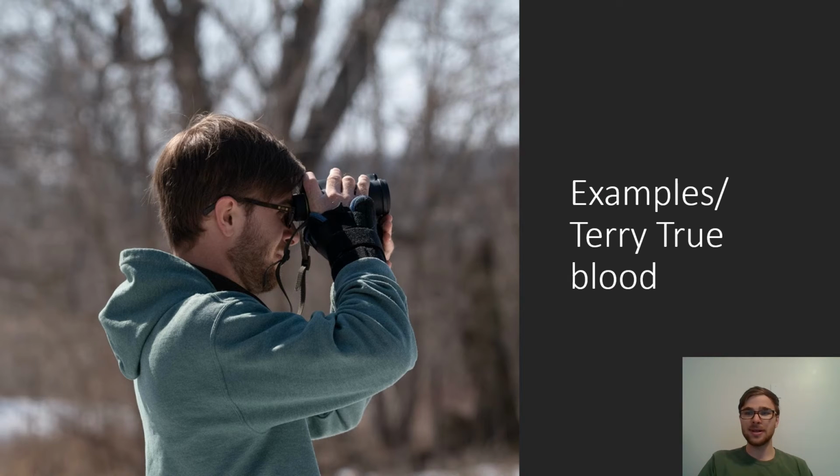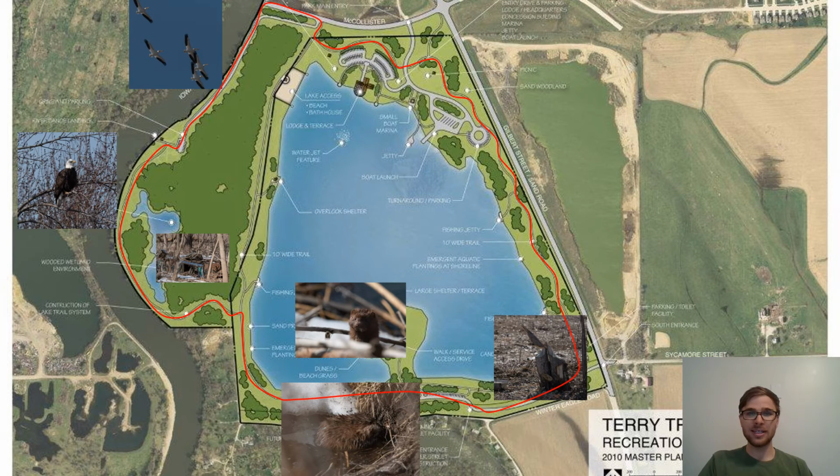I'll show you what I did when I was at Terry Trueblood. I had a really great time doing this. It was fun. So I started down here in the parking lot, and this red path is where all I walked. And then as I was going, I was sitting down, taking in the sights, and taking pictures of things I thought were notable.